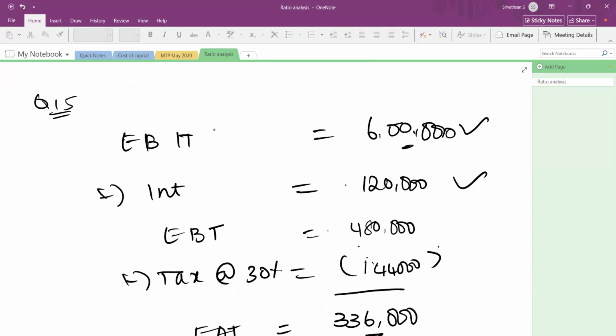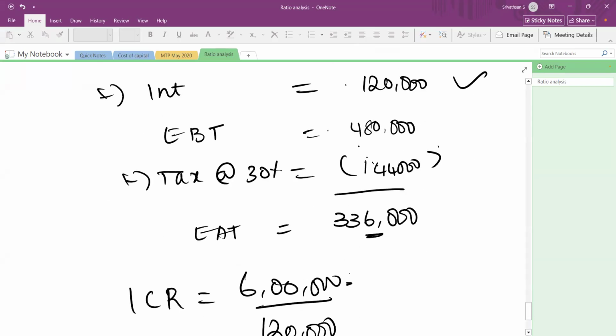You remove 80% of this EBIT, how much do you get? 1,20,000. Still you can pay your interest liability. So your EBIT can decrease by 80% and you are still in a safer position. But if it decreases by 81%, you don't have sufficient profit to pay your interest expenses. That's all. Clear? Any doubt?